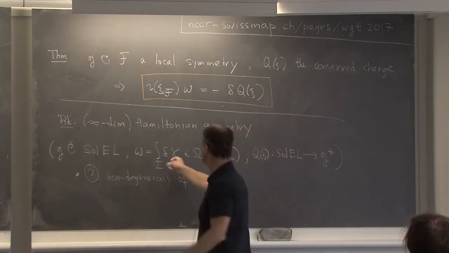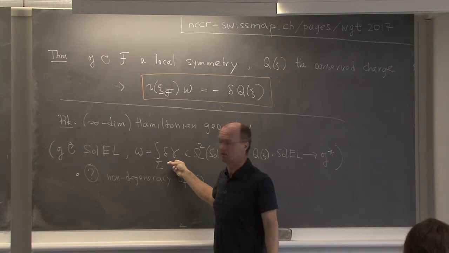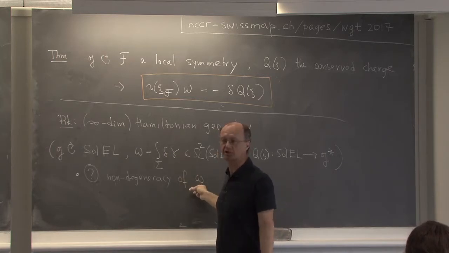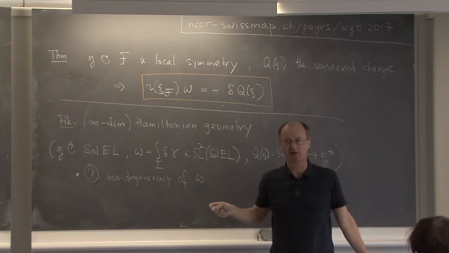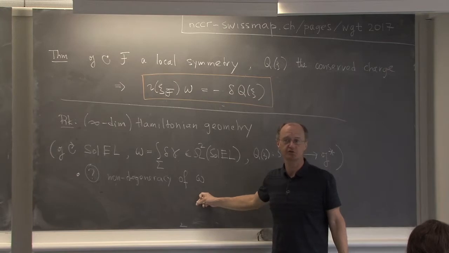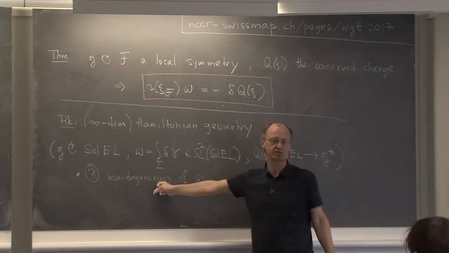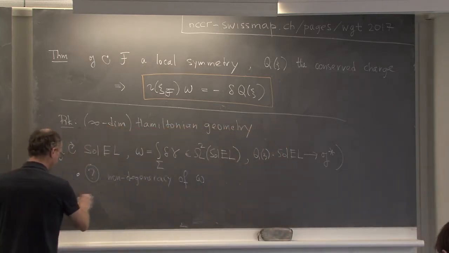Omega is certainly closed in this setup, even exact. But whether it's non-degenerate remains to be seen. At least we haven't proved anything to this effect. And if our situation is infinite dimensional, we should actually discuss what it means to be non-degenerate. That's also a somewhat non-trivial question.